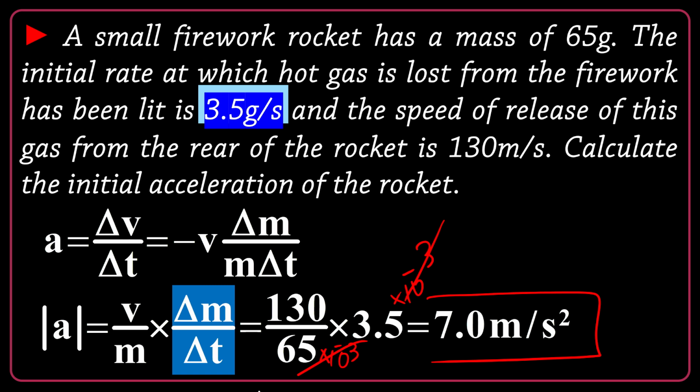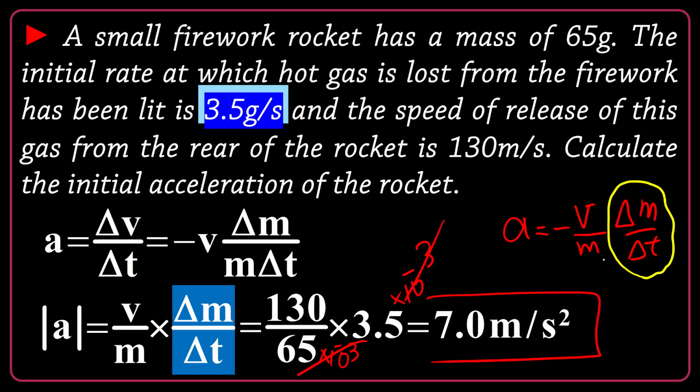I can remind you something. Acceleration is negative v over m times delta m over delta t. Let's say we invented a specific rocket which has a constant rate of change of mass. So the rate of change of mass, delta m over delta t, is constant. Technically, they can keep it constant.